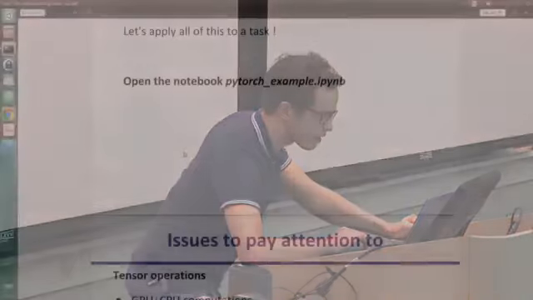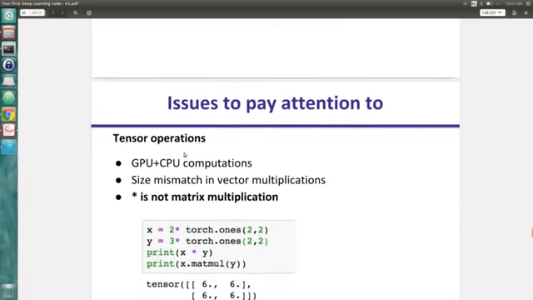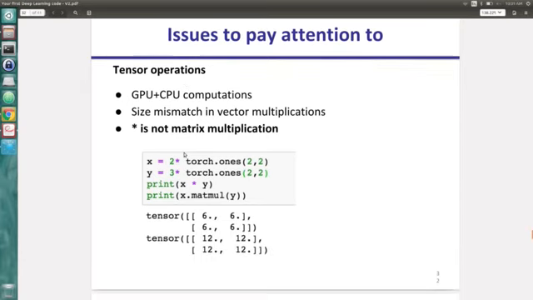Just to finish the recitation, I want your attention to focus on a few issues that are going to happen all the time. If you see them once, maybe you'll remember them when you write some code, and it will help you debug it. There are the ones that we already mentioned.